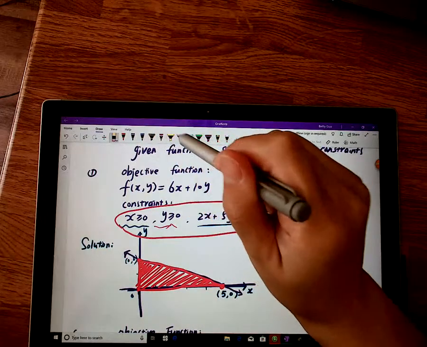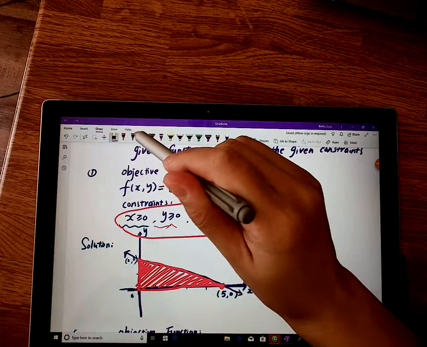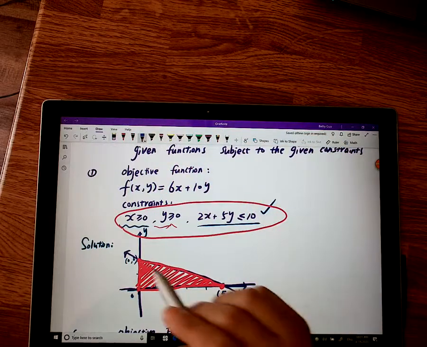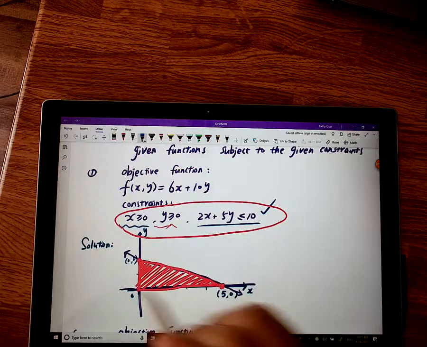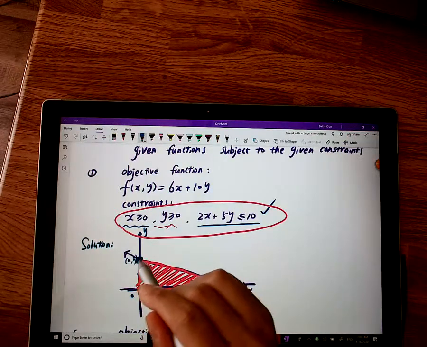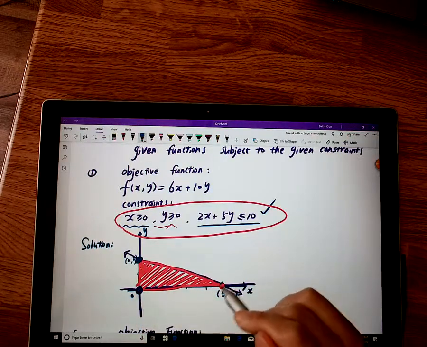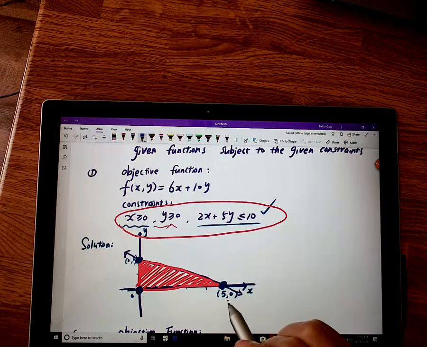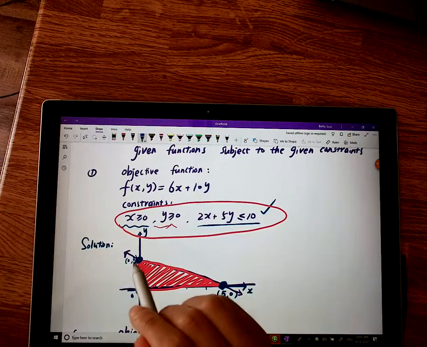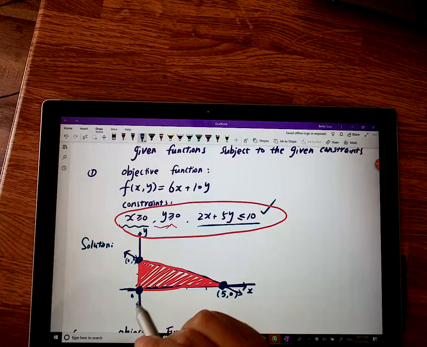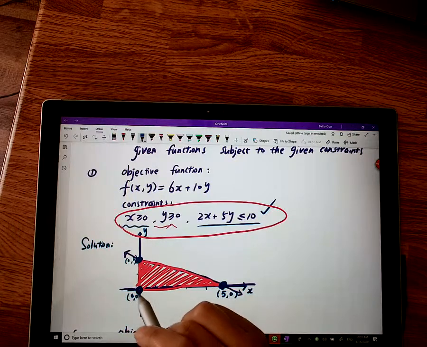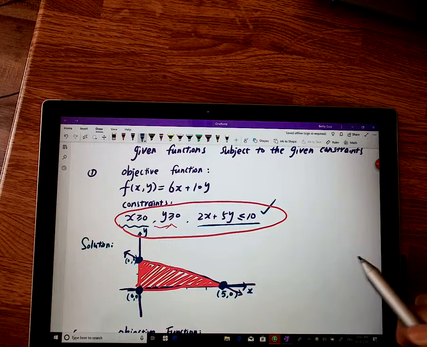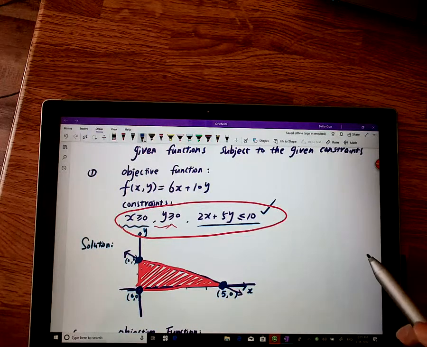How many vertices does the triangle have? Of course, 3. The coordinates of this vertex are (5, 0), (0, 2) is this vertex, and (0, 0) is this vertex. We have 3 vertices for the triangular shaped region.